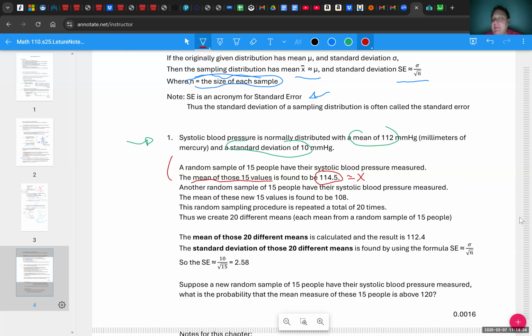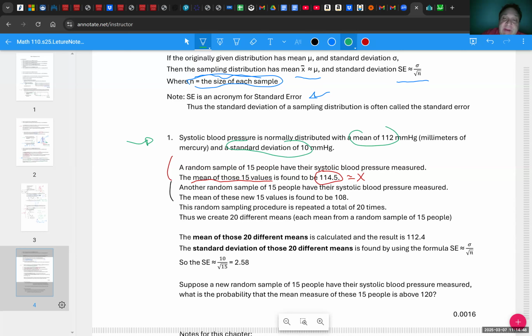I'm just making up the example to help you understand what's going on. So one value of X is 114.5 because that's one mean blood pressure measurement of 15 people. So now what do I do? I do it again. I take another random sample of 15 people, I have their blood pressure measured, and I find the mean of those new 15 people.